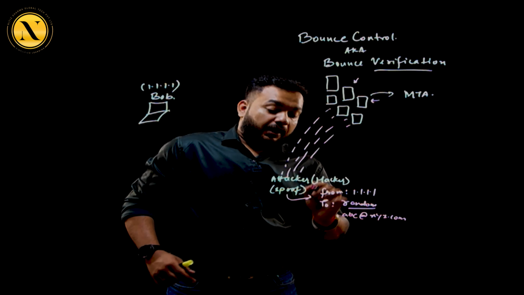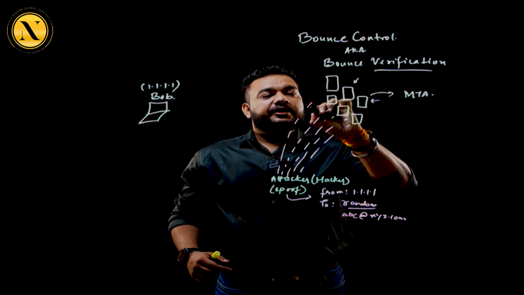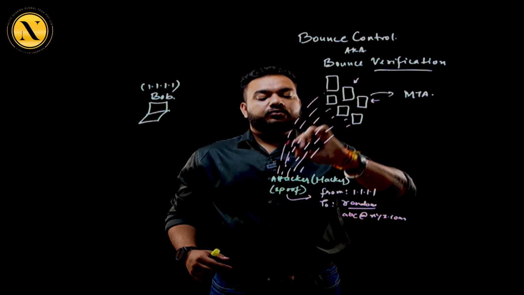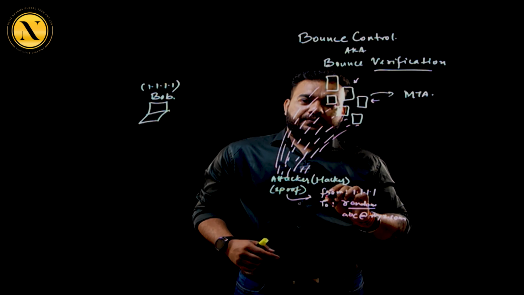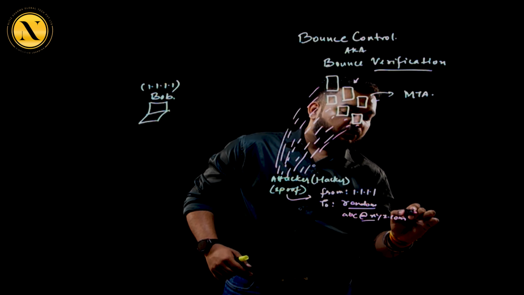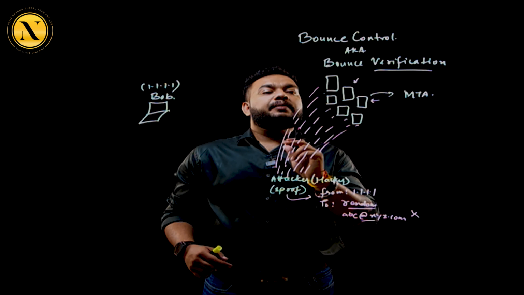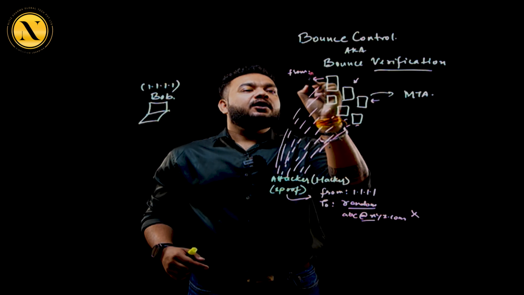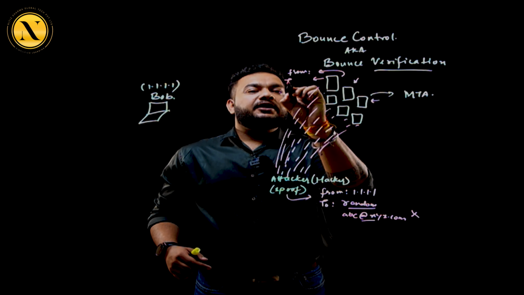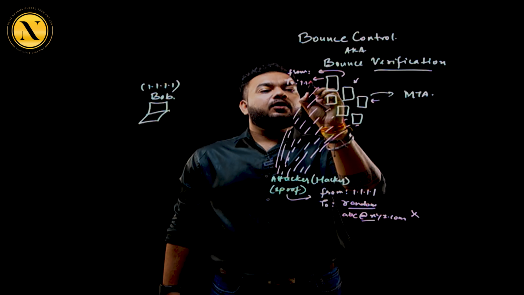When this attacker is sending millions and thousands of emails onto these mail transfer agents, what is going to happen ultimately? The user is not present on any of the MTAs, so there will be a bounce back. And for the bounce back, the from address will be from these MTAs, and the to address will actually be 1.1.1.1.